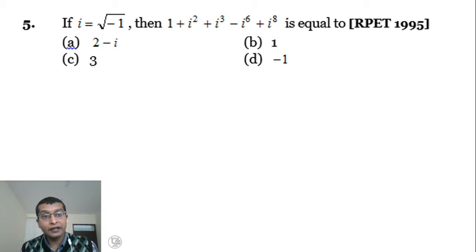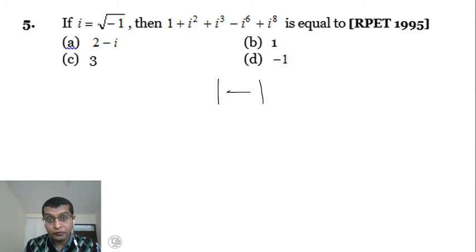If i equals root of minus 1, then 1 plus i square plus i cube minus i raised to 6 plus i raised to 8 is equal to. So 1 we write as it is, i square we write as minus 1, i cube is i square into i, so i square is minus 1, so we get minus i.